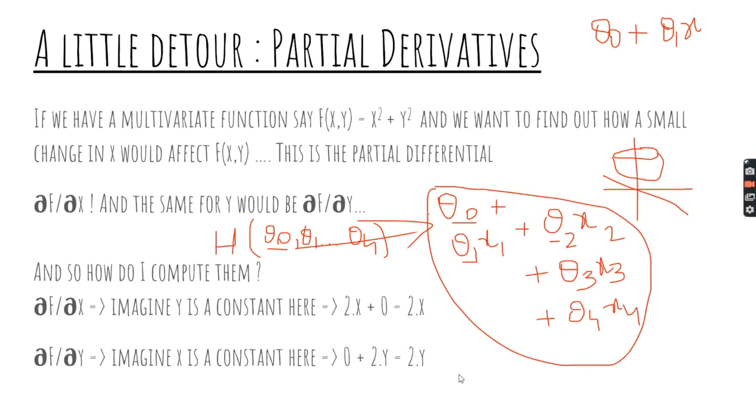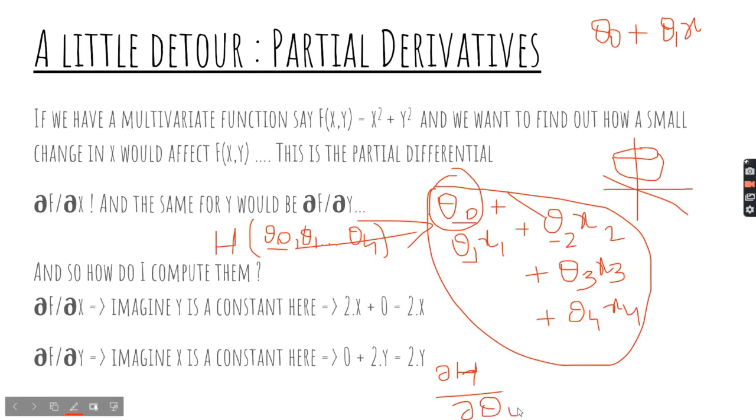what we will do here is use this one parameter and keep all the others constant. So let's say we want to see how much the cost function will change if I change just theta 0.